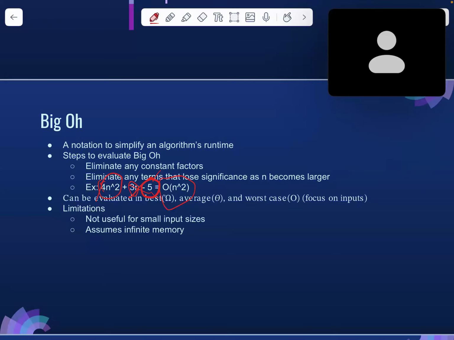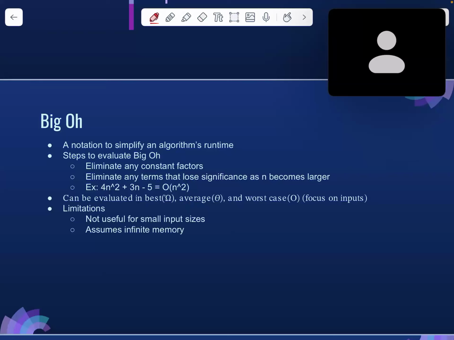Another thing about big O is that by default it's going to be the worst case, or the upper bound of the runtime, but you're also going to be asked about the best and the average case. So there are different notations for those. I've never seen them ask for the notations on the FE.